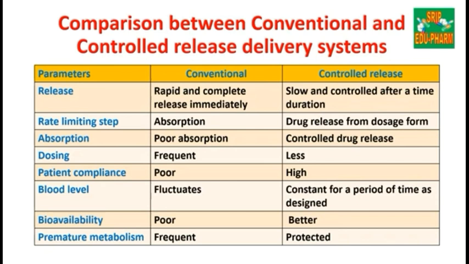Next we see the combined reservoir monolithic system. This type of system is designed in two phases. Phase 1 is the outer membrane layer, and phase 2 is the reservoir matrix material.